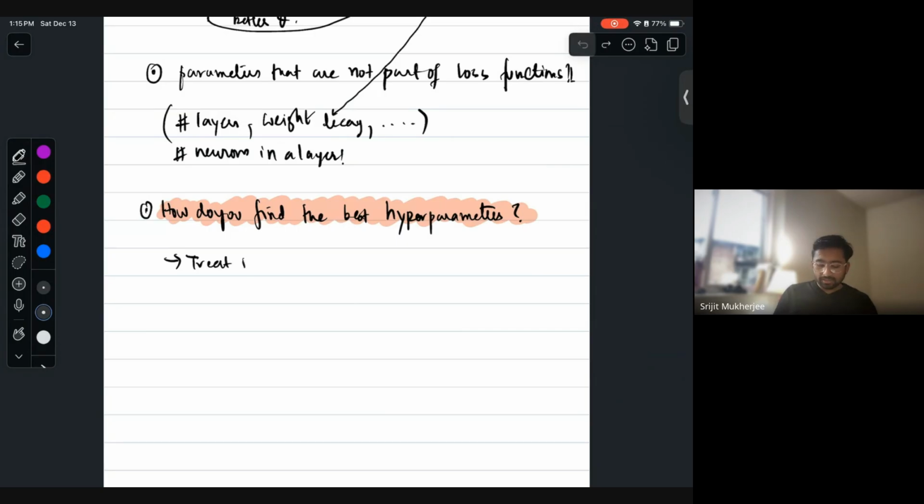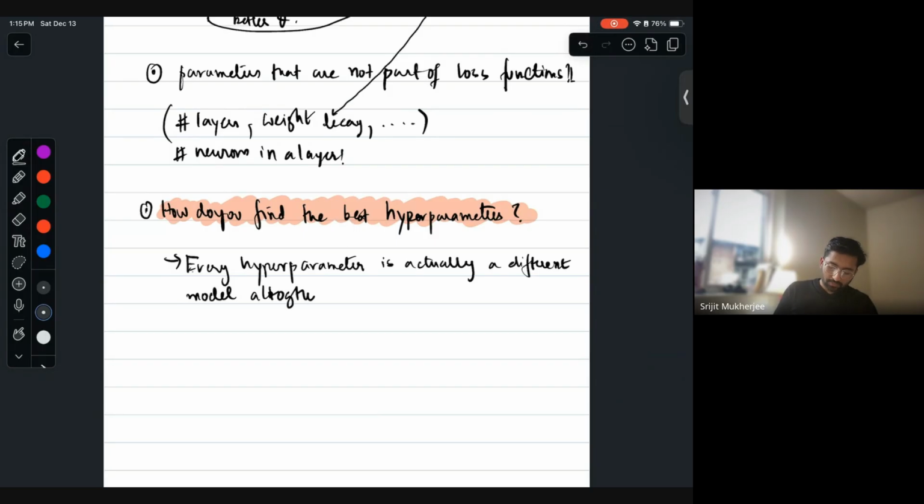Every hyperparameter is actually a different model altogether. Understand?